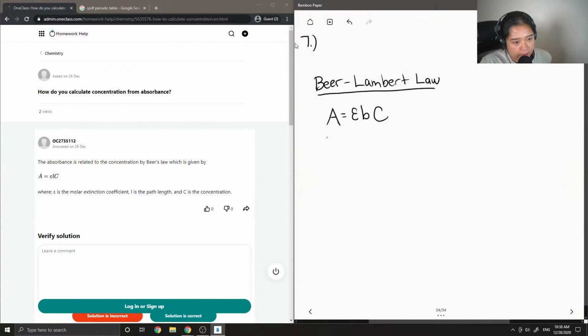I'll just write down what everything stands for. A is absorbance, which is unitless. And this ε, which I think is the epsilon, is the molar absorptivity, which can also be known as the molar extinction coefficient.